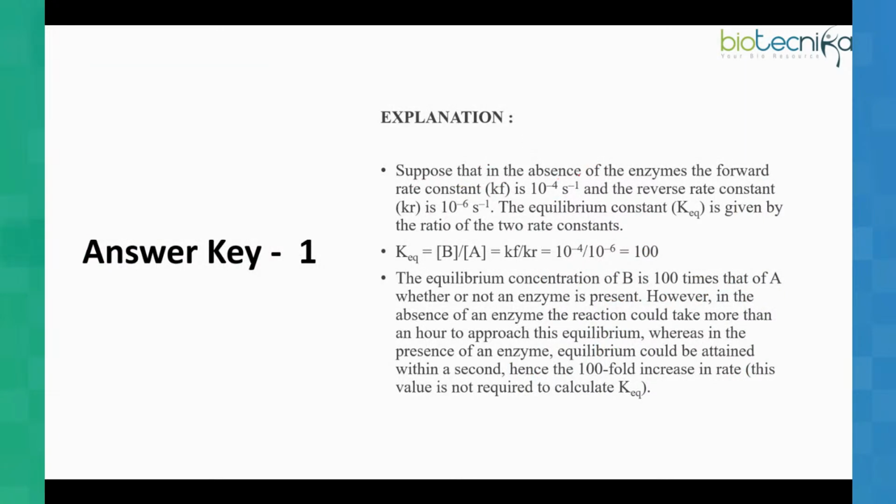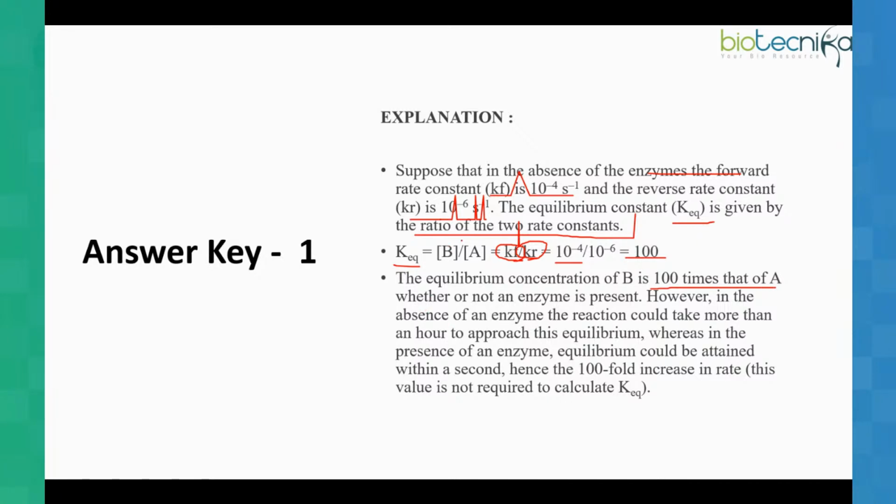So suppose that in the absence of enzyme, the forward rate constant is 10 to the power minus 4 per second, and the reverse rate constant is 10 to the power minus 6 per second. So K equilibrium will be given by simply taking the ratio of these two rate constants. So K equilibrium is 10 to the power minus 4, which is the forward, divided by the reverse, it is 100. Now they have said the equilibrium concentration of B is 100 times that of A.